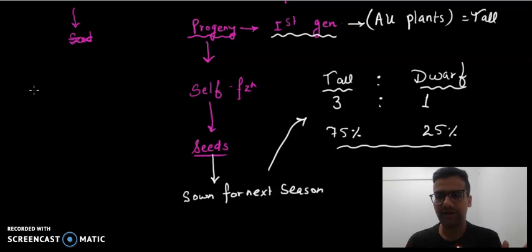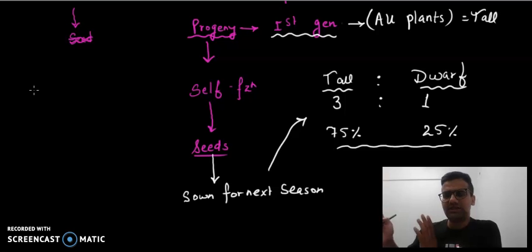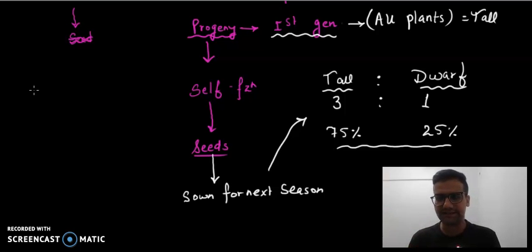This is how Mendel observed the 3:1 ratio in Pisum sativum. Based on this experimentation, Mendel gave the principles of inheritance, which we will discuss in the next class.